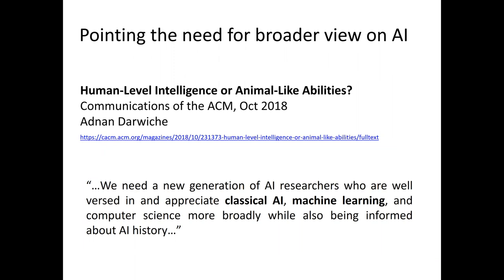Essentially, he's referring to the topics this course covers, which is a combination of data-driven learning-based optimization and symbolic methods. So, just another data point that supports what we're trying to do here.